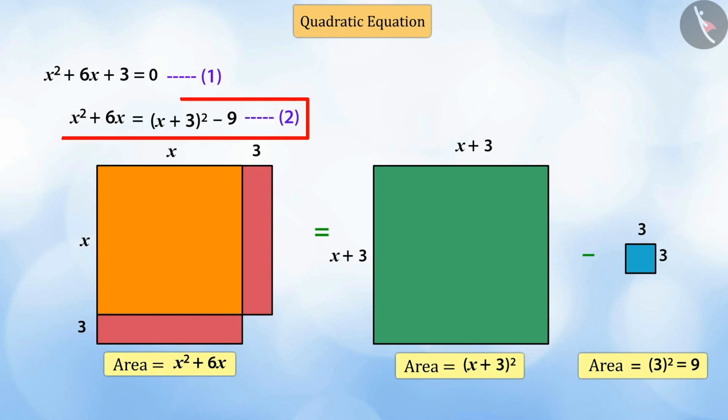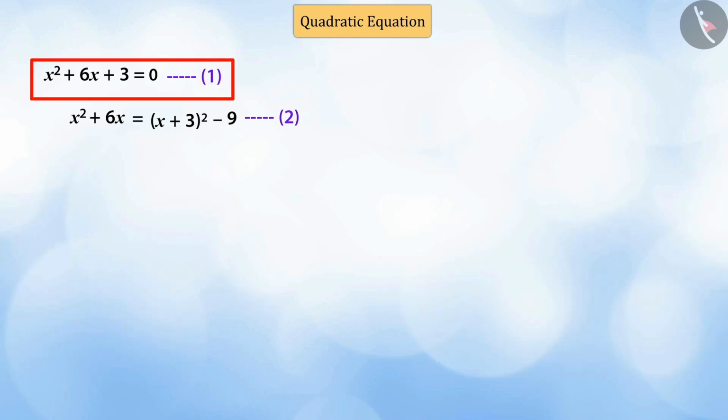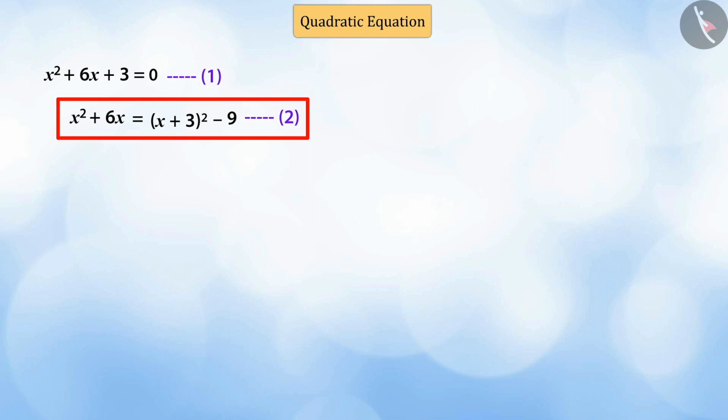On comparing this to the given quadratic equation x square plus 6x plus 3 equals 0, we see that there is a shortage of plus 3 in equation 2.